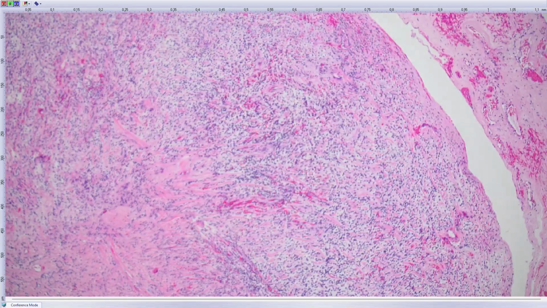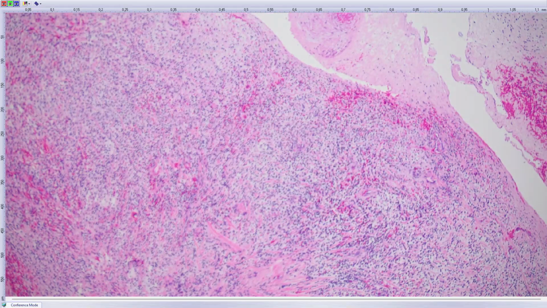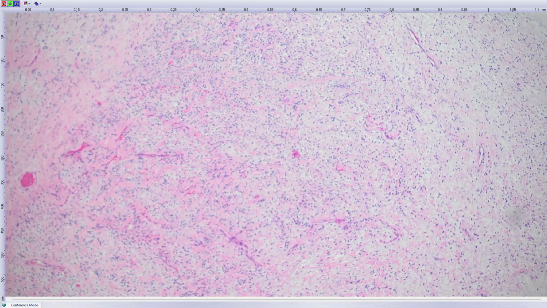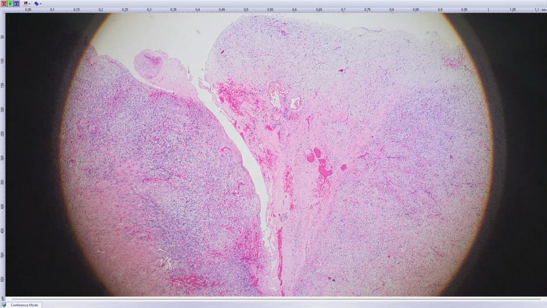When I saw this for the first time, I was pretty sure this is ossifying fibromyxoid tumor without ossification because of this fibromyxoid stroma and kind of reticular or cord-like arrangement of the tumor cells, but it's not ossifying fibromyxoid tumor.